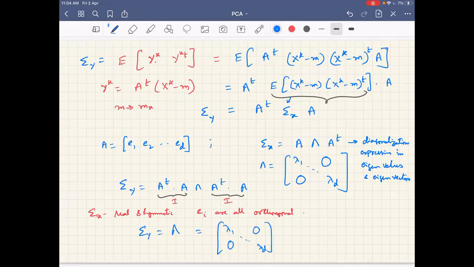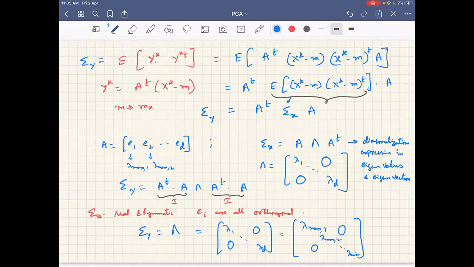More clearly, we write lambda max 1, because we have already arranged the principal components in such a way that the first eigenvector corresponds to lambda max 1, the next corresponds to lambda max 2, and so on. So the matrix is lambda max 1, lambda max 2, and so on up to lambda min, and the off-diagonal entries are all zeros.